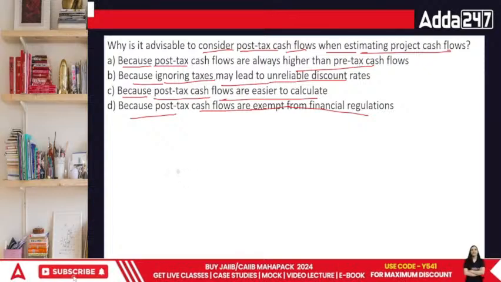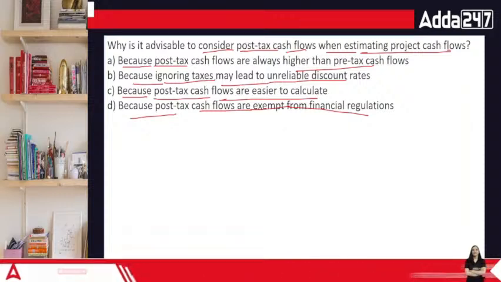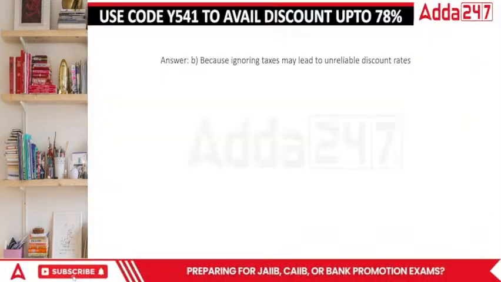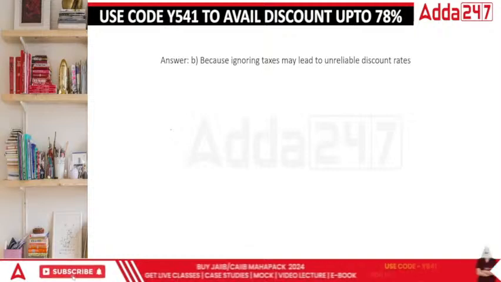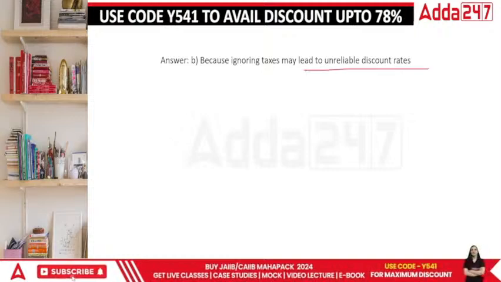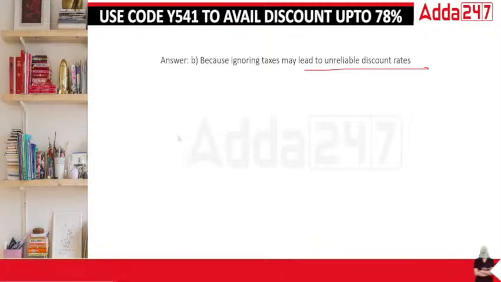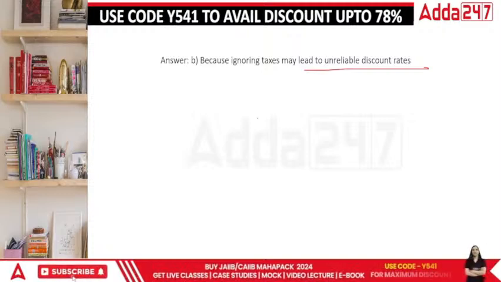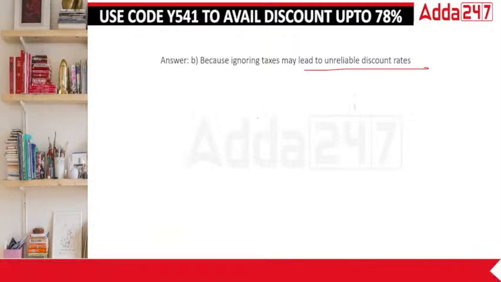So, what's going to be the answer? The answer is going to be because ignoring tax will give us unreliable discount rates. So, discount rates will not be justified. In this case, it has to be considered properly because one specific wrong decision is going to affect our inflows and even the solvency of the organization.